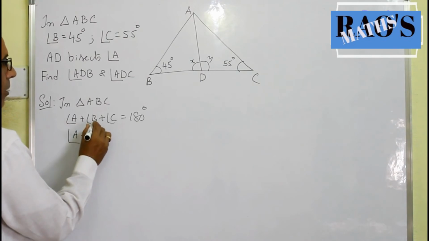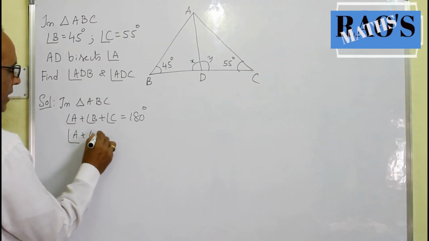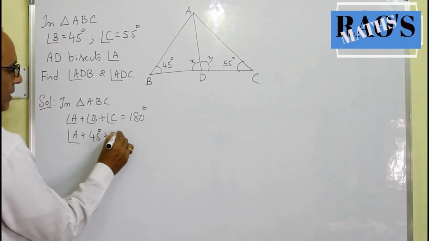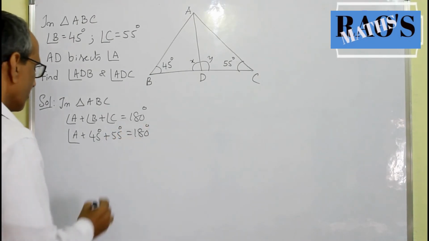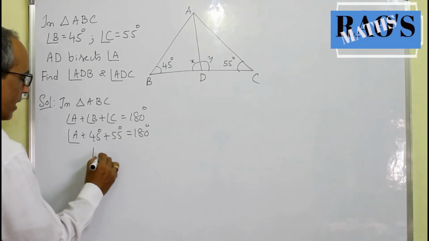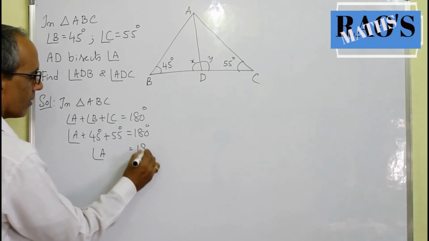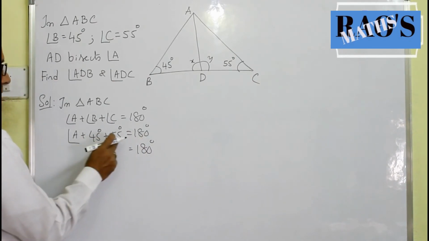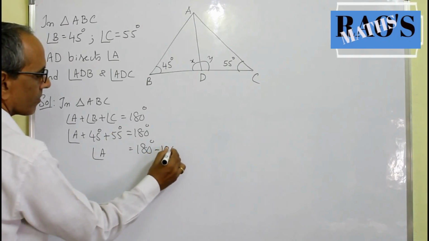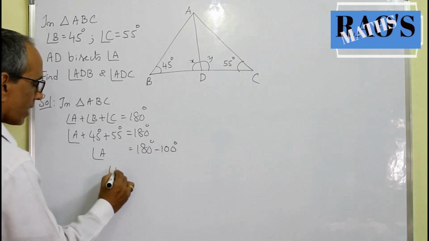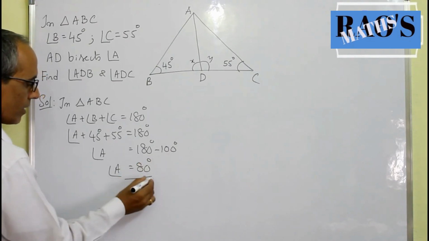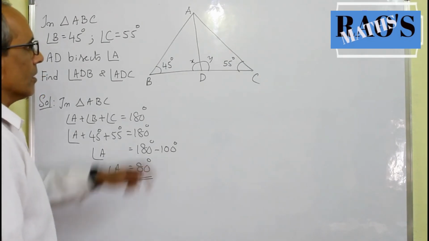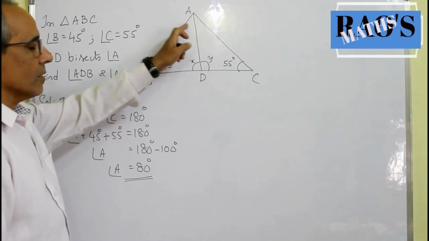But we know angle B 45 degrees plus 55 degrees together 100 degrees. So angle A is 180 minus 100. So angle A on the whole, that is 80 degrees. Okay. The total measure of angle A is 80.